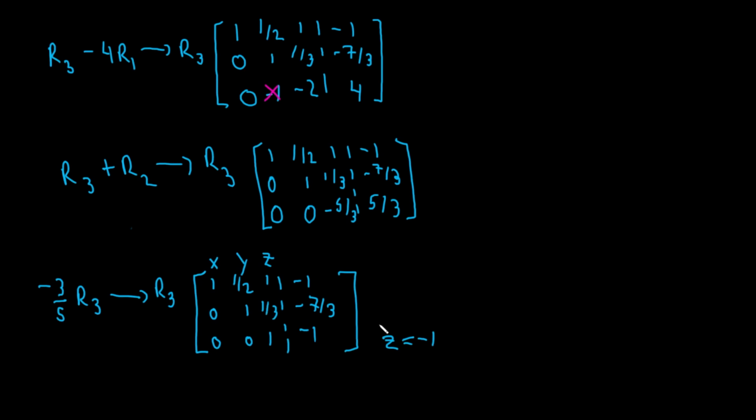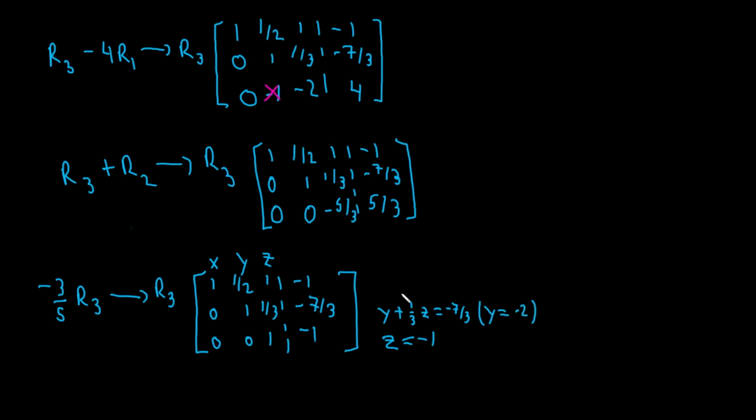The next row, we can say that y plus 1/3 z is equal to minus 7/3. If you substitute in the fact that z is equal to minus 1, you can rearrange this equation to find that y is equal to minus 2.